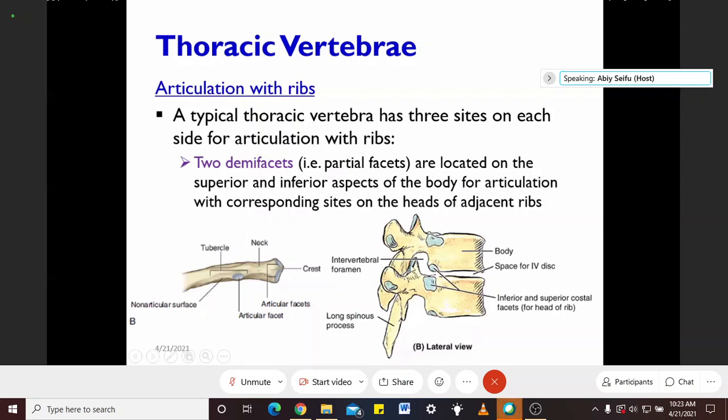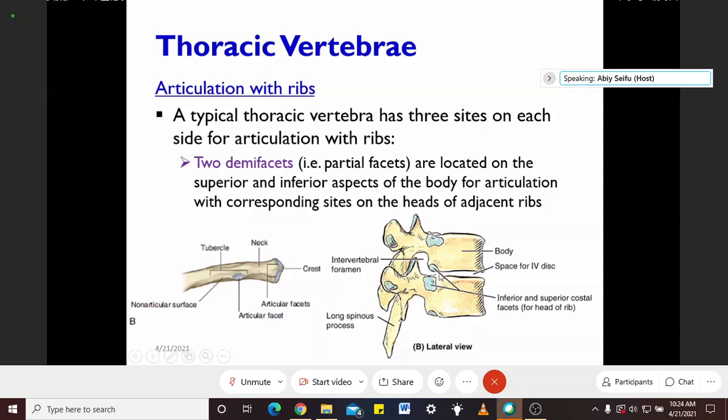Now, the facets found on the bodies of the vertebra are demi-facets in the typical thoracic vertebra.